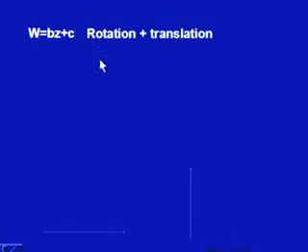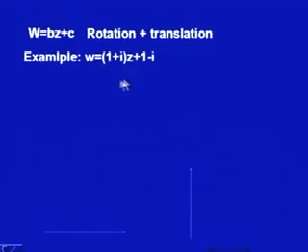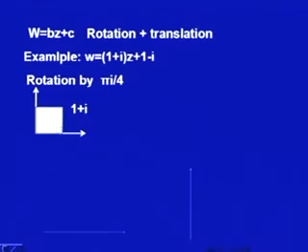So we have this situation. Now we will have a combination of rotation plus translation. W equal to bz plus c. So rotation plus translation. An example is W equal to (1 plus i)z plus (1 minus i). So this is my b and this is my c. So under this transformation, let us consider this rectangular region, and let me say that this point is 1 plus i.